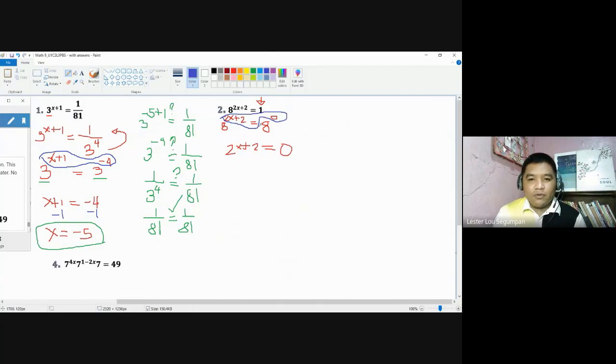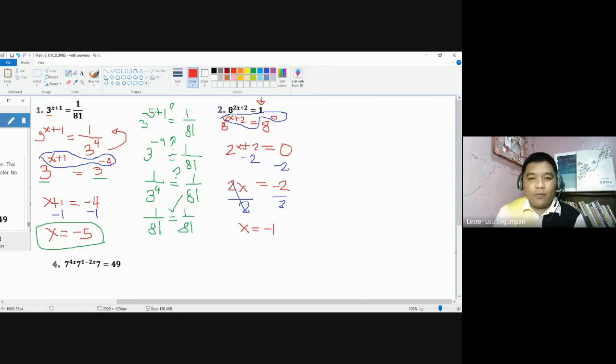So subtract both sides by 2. You will get 2x is equal to negative 2. And then divide both sides by 2 to cancel this out. You will have here x is equal to negative 1. This is the result when we try this one.